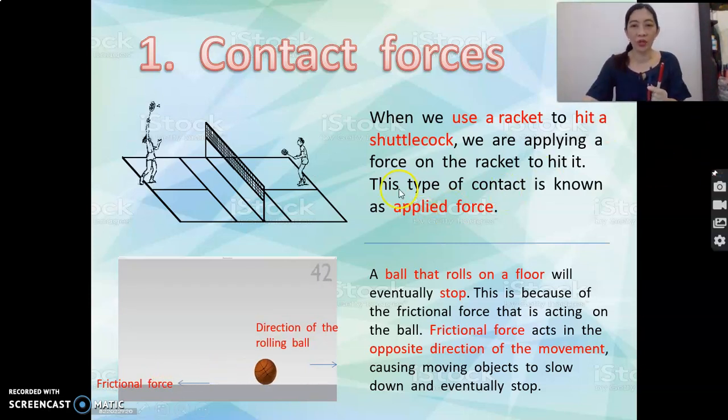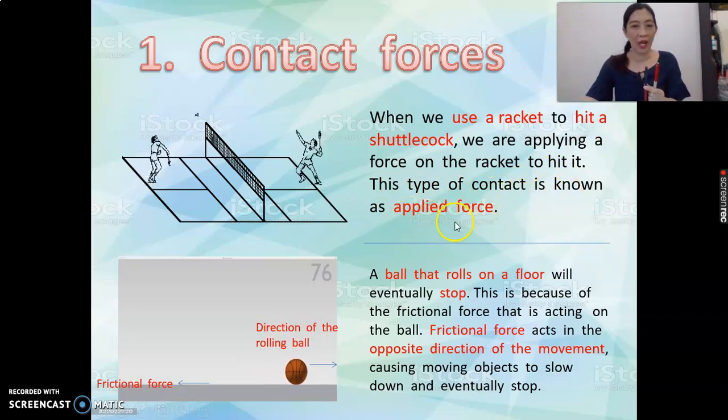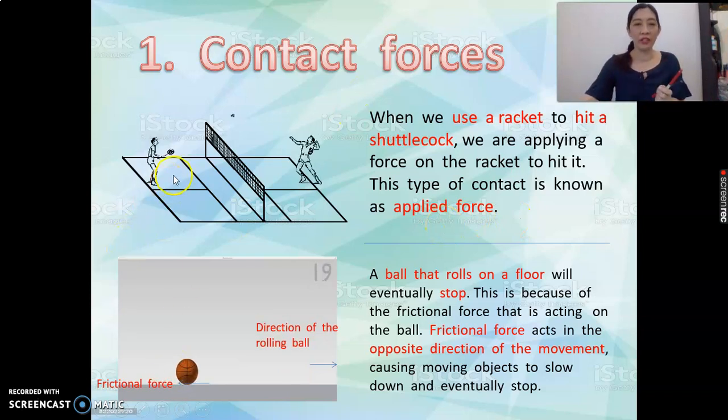This type of contact is known as applied force. This applied force is another example of contact forces.